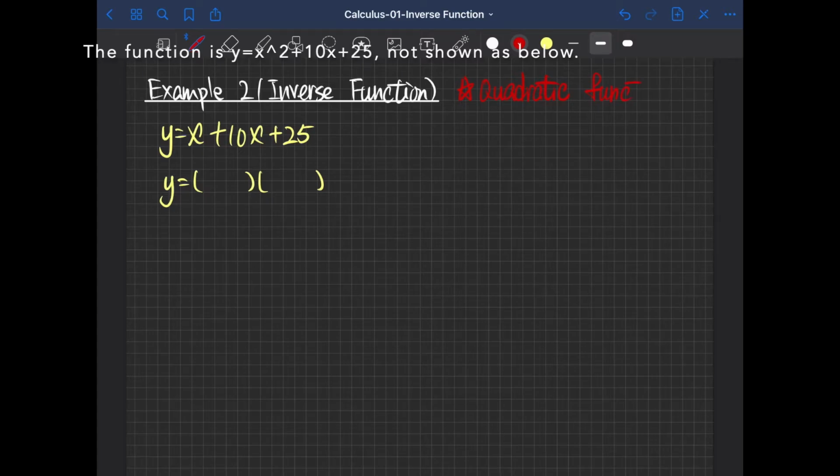The quadratic formula is x equals negative b plus or minus square root of b squared minus 4ac, divided by 2a. We just input the values inside it, so we get negative 10 plus or minus square root of 10 squared minus 4 times 25, divided by 2.